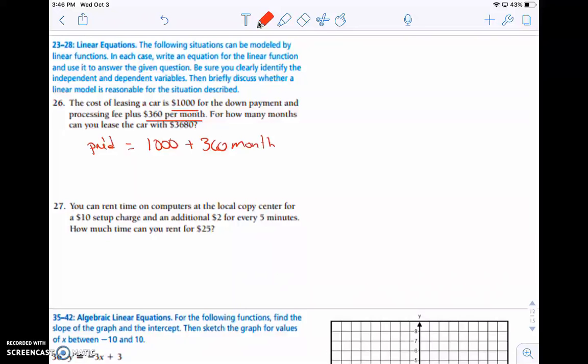So let's just say times months here. And that's going to be our model. So the dependent variable is going to be the amount paid, and our independent variable is going to be time. In this case, it's time in months.